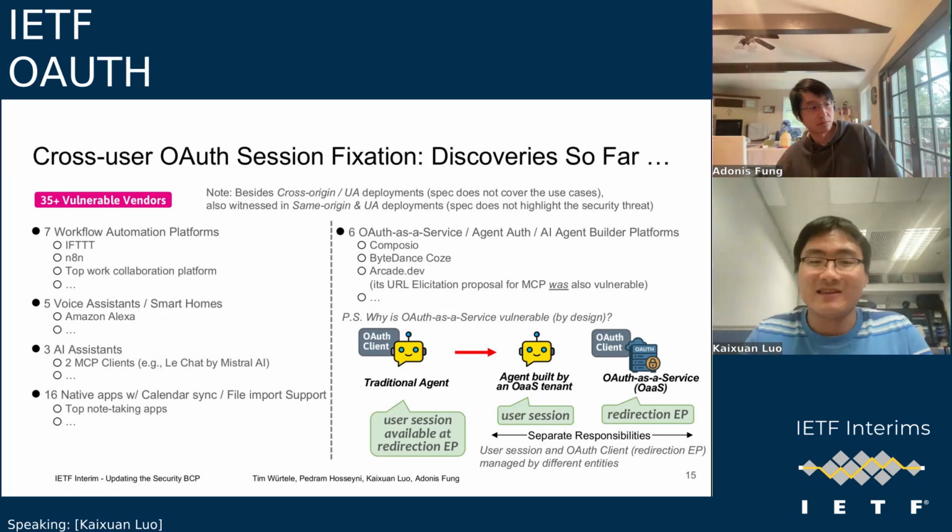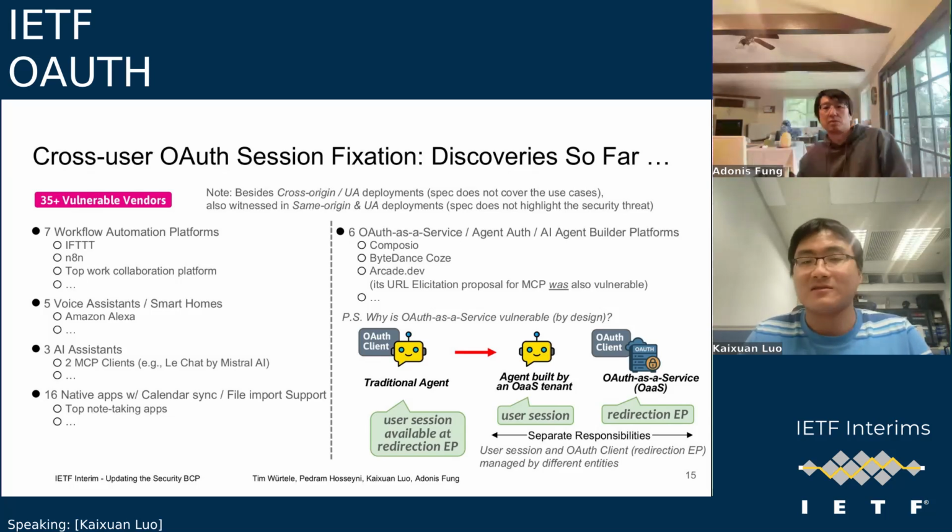But now in these new deployments, the OAuth as a service acts as the OAuth client, and it handles all of the OAuth responsibilities. And then on the other side, the agent or a tenant could build its own applications. So we are seeing this inherent separation of duties.